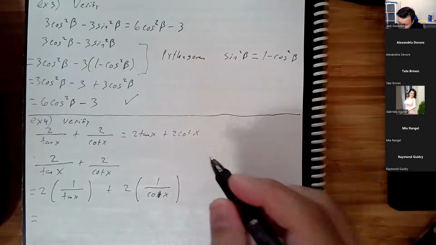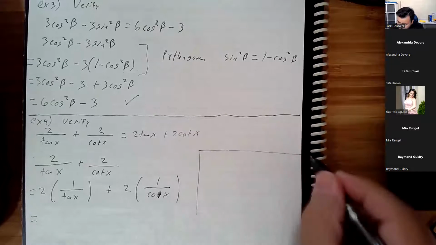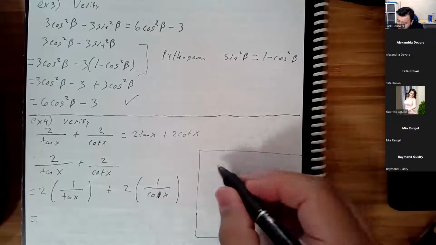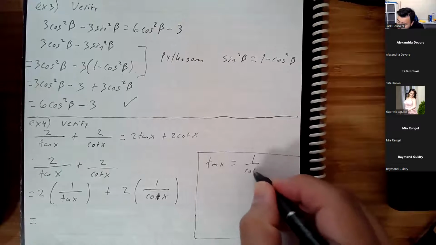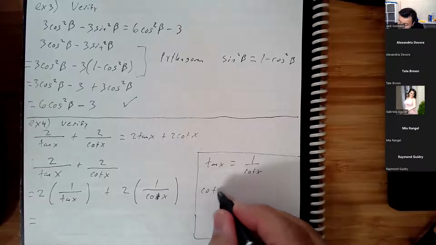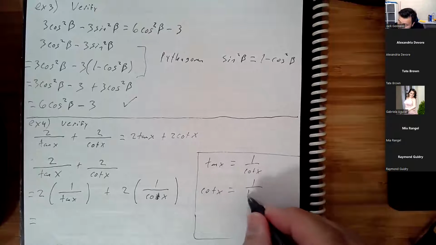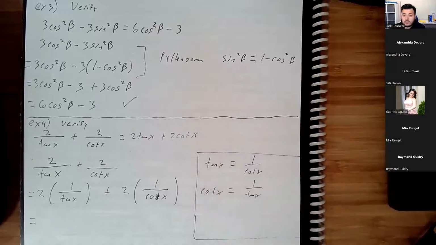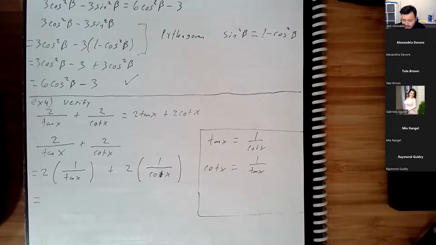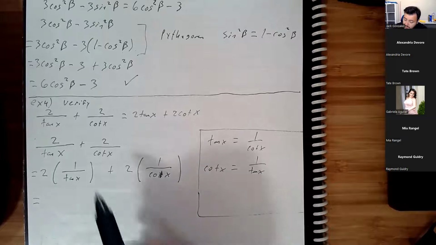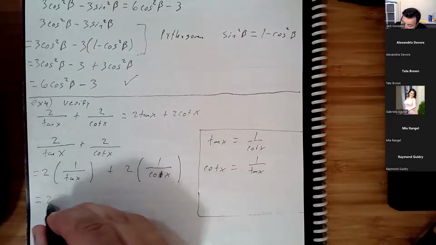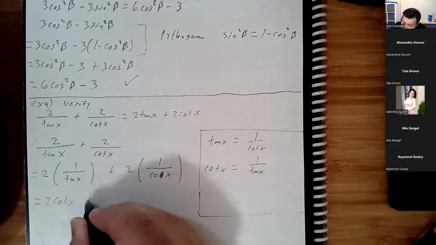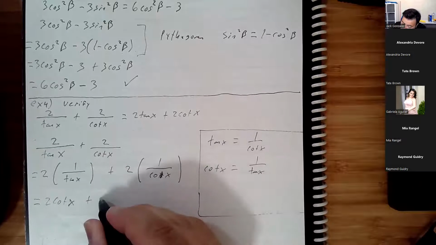So at this point we just need those formulas that say tangent x is equal to 1 over cotangent, and cotangent is equal to 1 over tan. I believe that was reciprocals in our notes. So right here, change it to 2 cotangent plus 2 tangent.